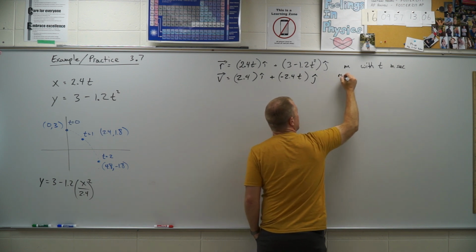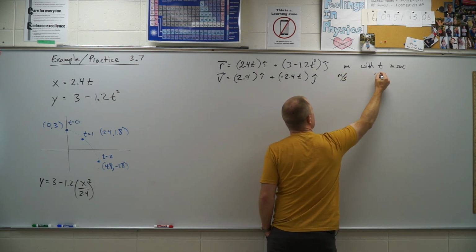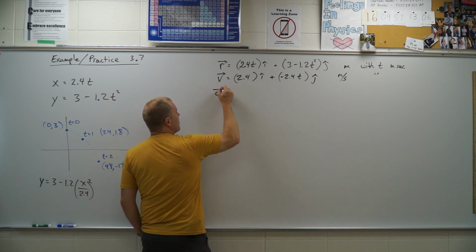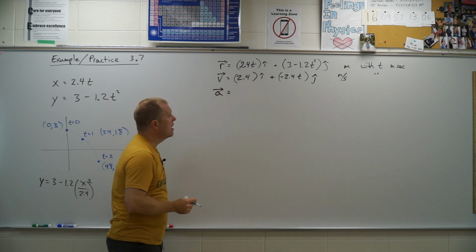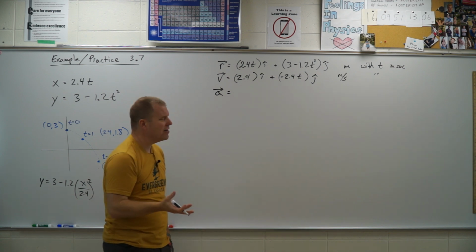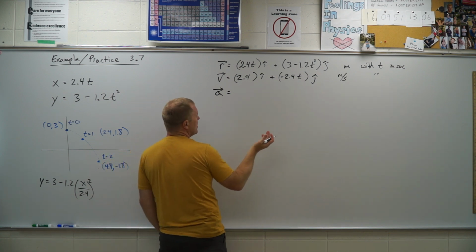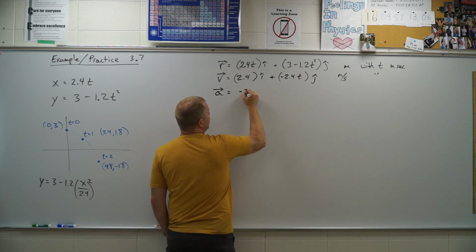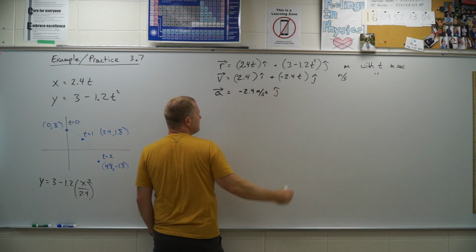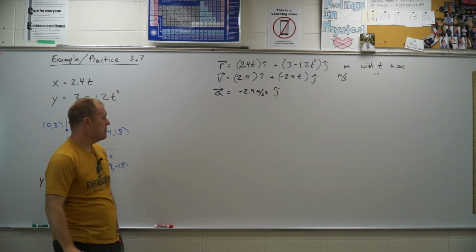I prefer to write my units at the end with time in seconds, of course. Take the derivative again to get your acceleration function. And so we end up with 0 in the i hat, so you don't really need to write anything there. You could just leave it blank, or you could write 0 i hat, that is fine. Negative 2.4 meters per second squared j hat. Since it's a constant, I'll put the units in there.